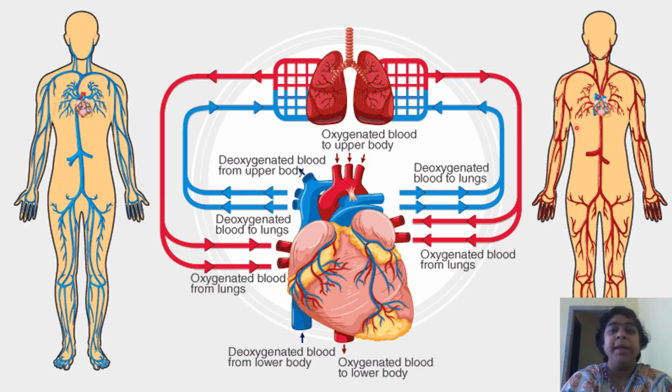Now to make it even more clear, I have shown you this diagram. See here children, again. Can you see the red arrows are going into the heart because the oxygen rich blood is going from the lungs into the heart, and from here, can you see over here, oxygenated blood is being sent to the other parts of the body. And can you see the deoxygenated blood is going into the lungs from both the sides.